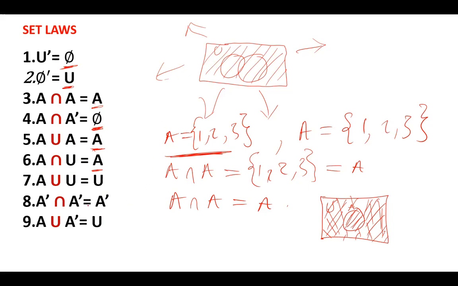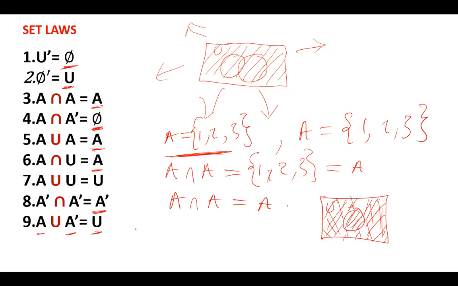Okay. And then the same applies: A complement intersection A complement will still give you A complement. And then A union A complement is simply the universal set. You can take time to prove this using Venn diagrams, for instance, what I was doing here.